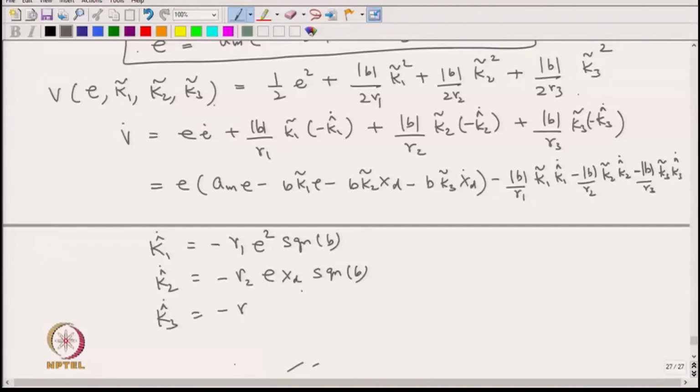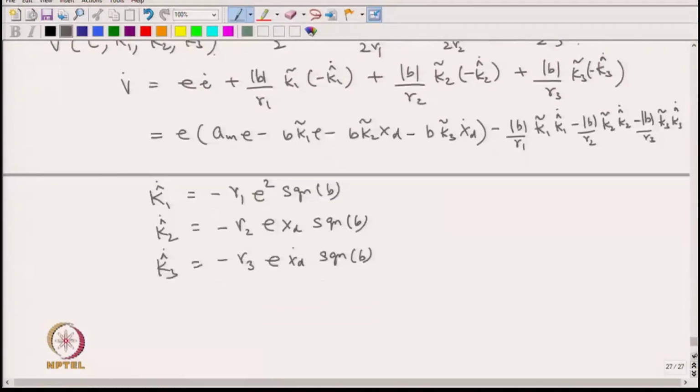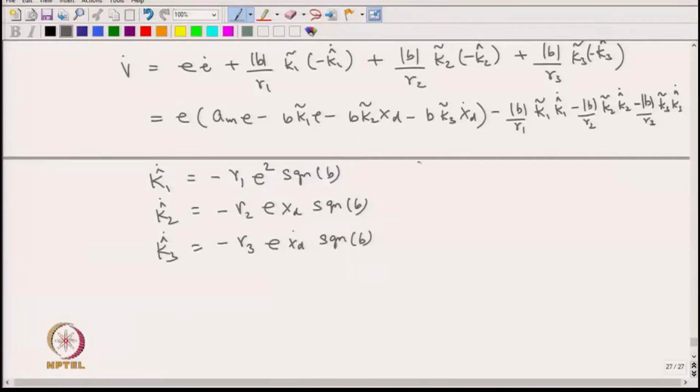Okay, and k3 hat dot we will design similarly to cancel the last term in the brackets, which will be E x d dot signum of b. Okay. So, if we choose these update laws, so these are the adaptive update laws.